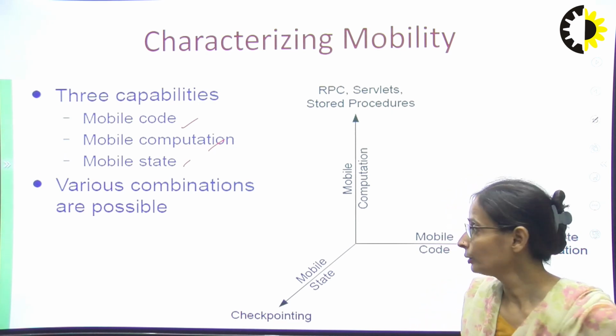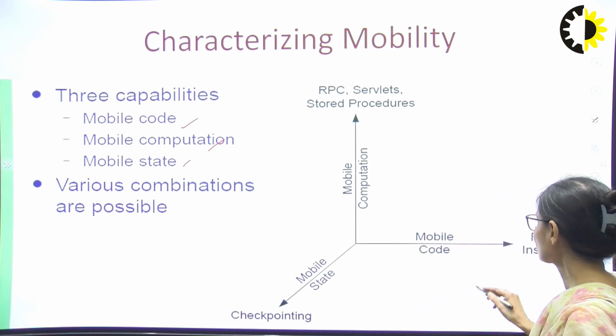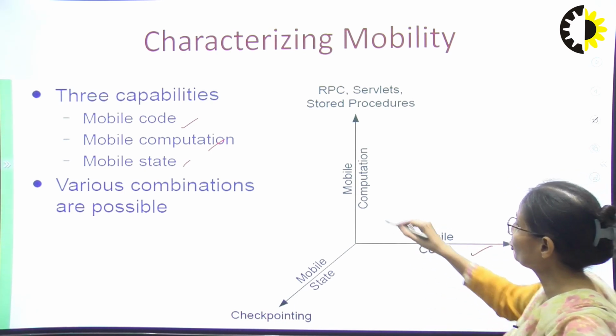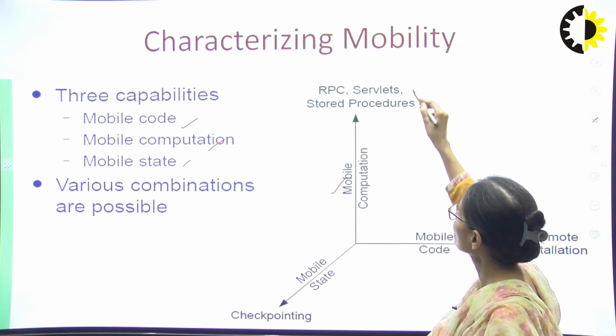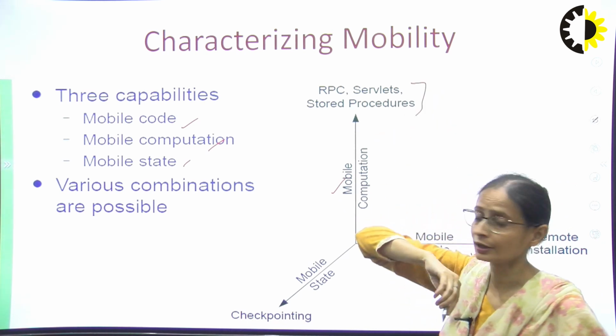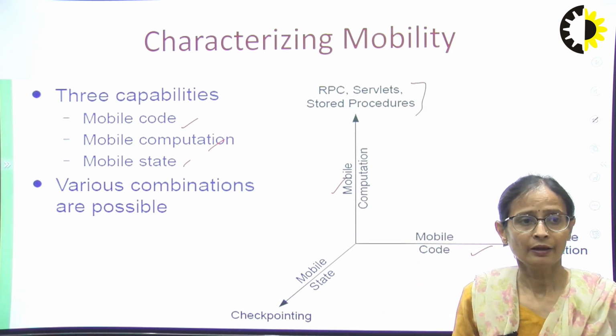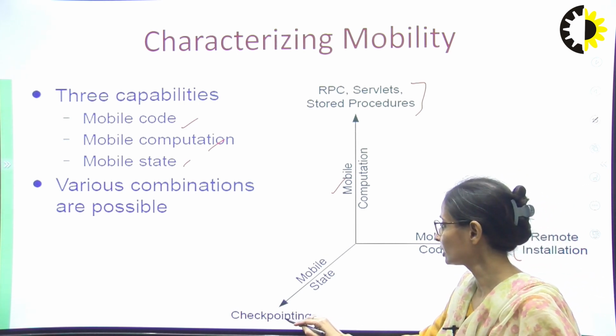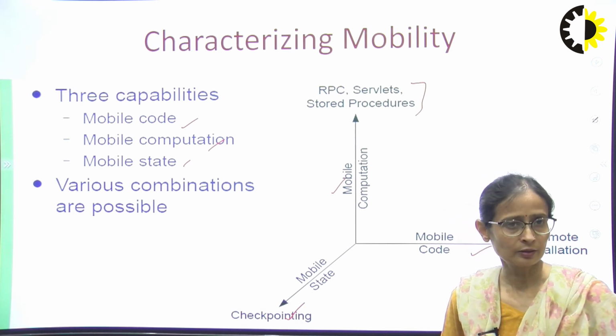In this diagram, on the x-axis we have mobile code, which requires remote installation. Here we have mobile computation, where we go for RPC, servlets, stored procedures. And when we want mobility with respect to state, we can achieve this with the help of checkpointing.